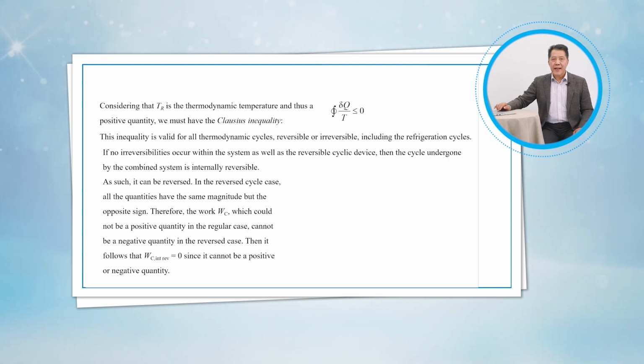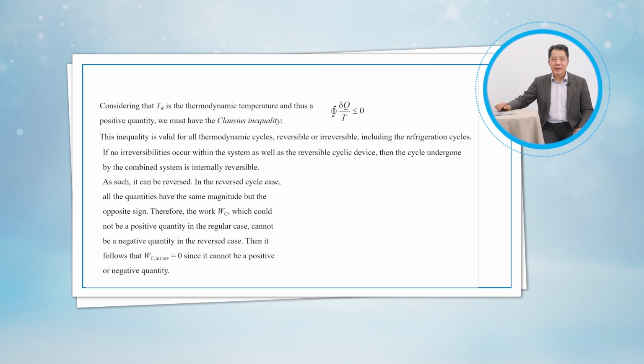In the reversed cycle case, all the quantities have the same magnitude but the opposite sign. Therefore, the work, which could not be a positive quantity in the regular case, cannot be a negative quantity in the reversed case.